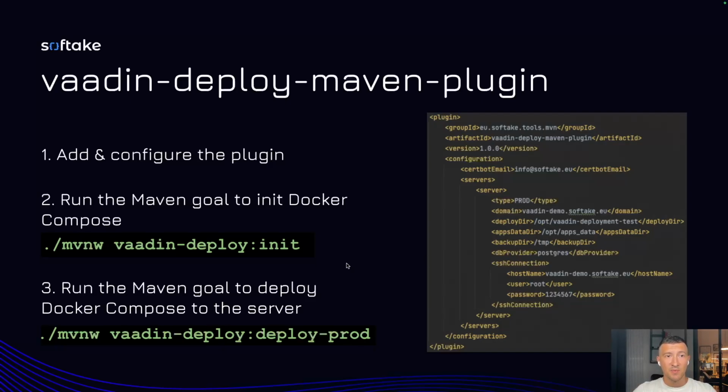This plugin eliminates the complexities of manual server setup, removing the need for in-depth knowledge of SSH, Linux, Docker, reverse proxies, SSL, and so on. By automating these steps, developers can focus on building applications rather than managing infrastructure.